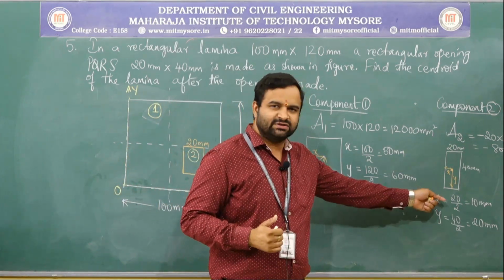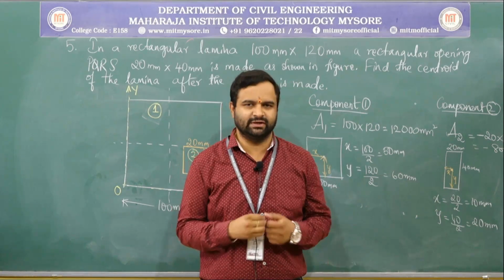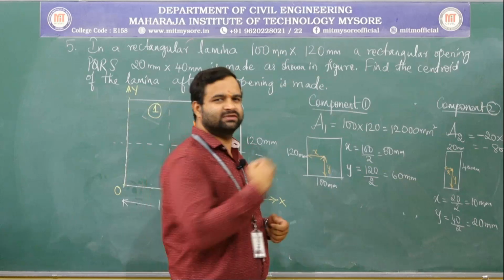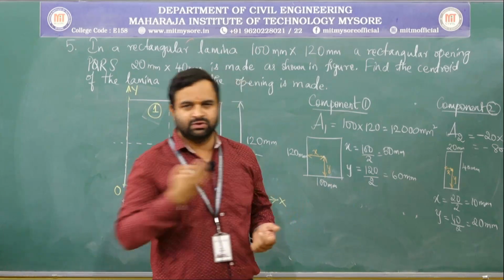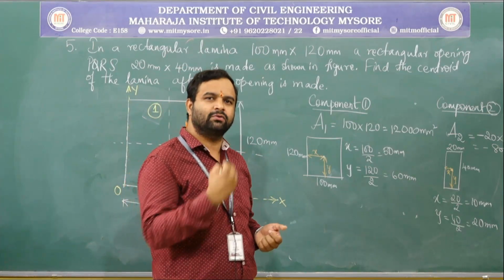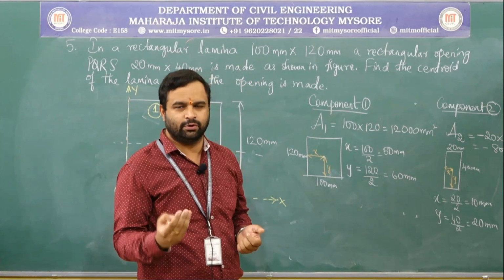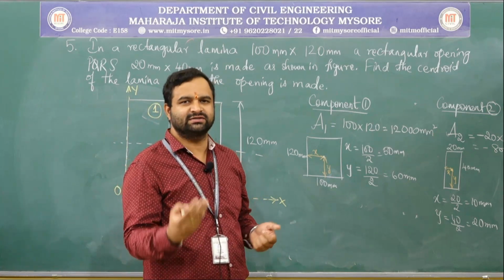The sign conventions for x and y depend on from which axis you are measuring. If you measure x towards right, it is treated as positive. If you measure x towards left, it is treated as negative. Similarly, if you measure y towards up, it is treated as positive. If you measure y towards down, it is treated as negative.